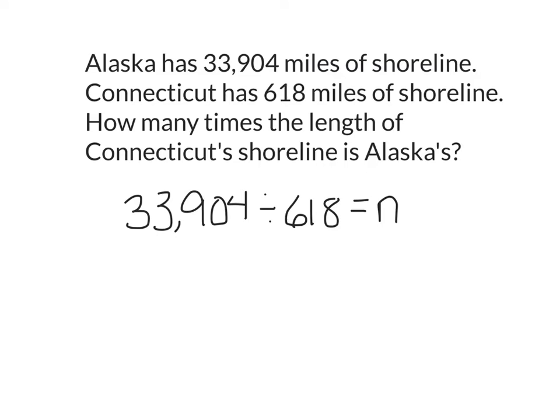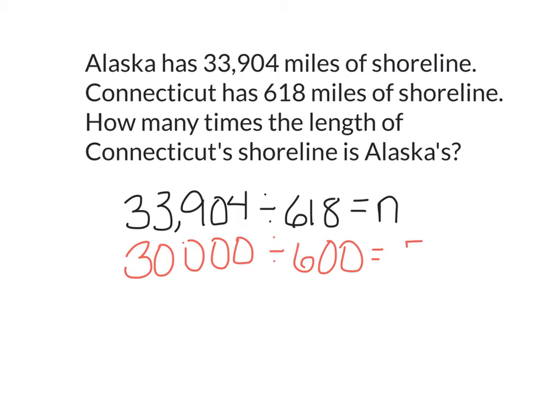So I'm going to estimate this as 30,000 divided by 600. I can do that in my head, and that equals 50. So my answer should be close to 50.